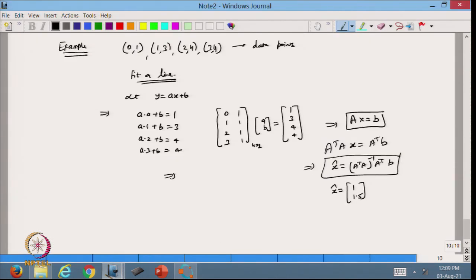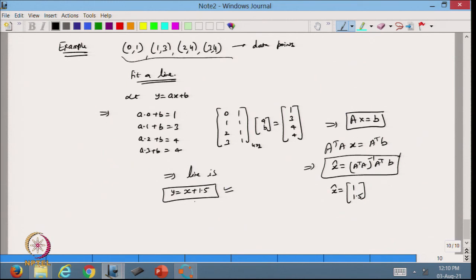So, which implies that my line has A as 1 and B as 1.5, so y is equal to x plus 1.5. So, that is my line. This is the line which goes closest to all these points.